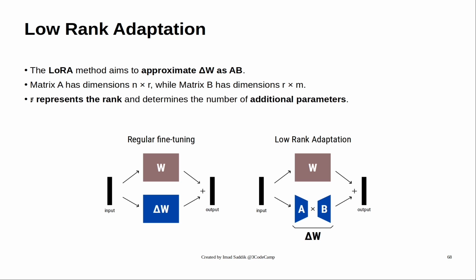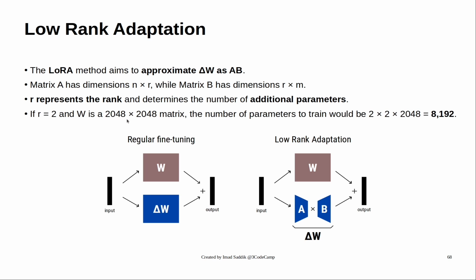The parameter r is called the rank, and it helps us control how many new parameters we add to the base model. For example, if we keep the same size as before and set r to 2, we only need to update 8,000 parameters instead of 4 million parameters if we decide to use instruction fine-tuning.